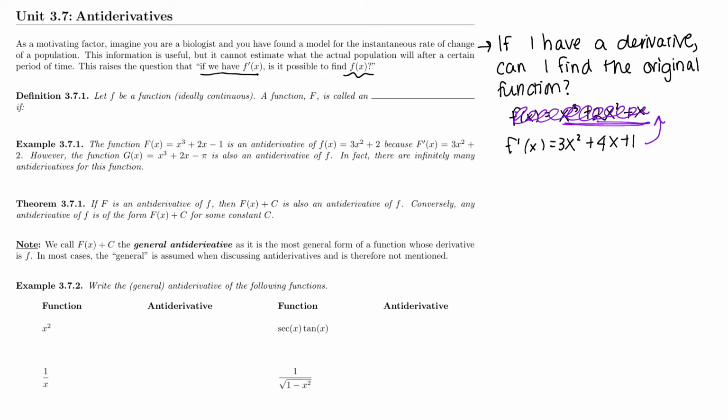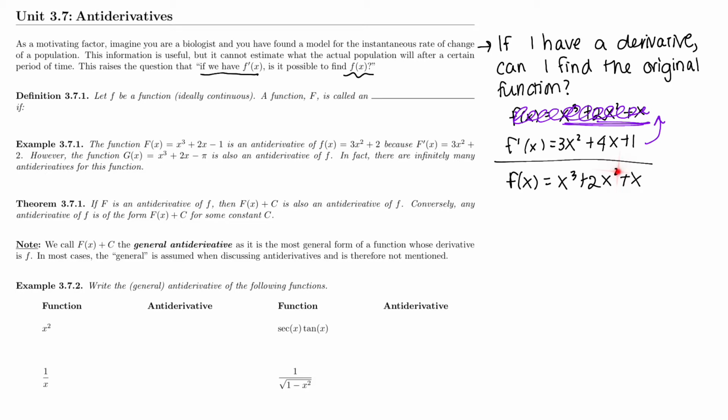Now here's a fun, interesting thing. In general, there's not one easy answer to this. So the function I gave you to get to that derivative, I said the function was x cubed plus 2x squared plus x, right?